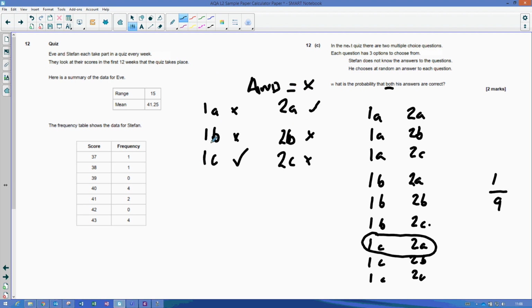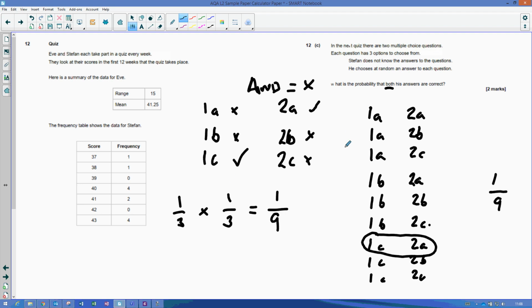So the probability of getting question 1 right is 1/3 and we want the probability of getting question 2 right as well, so we're going to multiply them together. Multiplying fractions, we just multiply the top and bottom numbers, so we get the answer of 1/9.